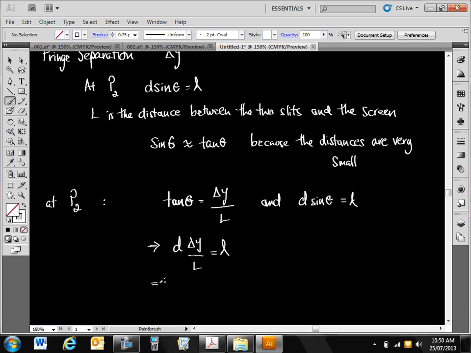And the fringe separation delta y is equal to lambda L over d.